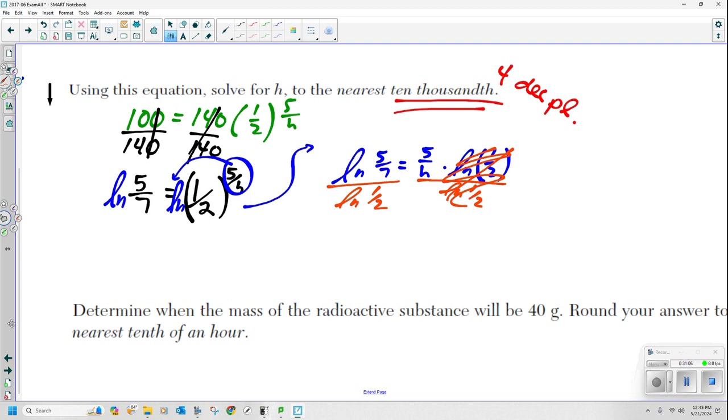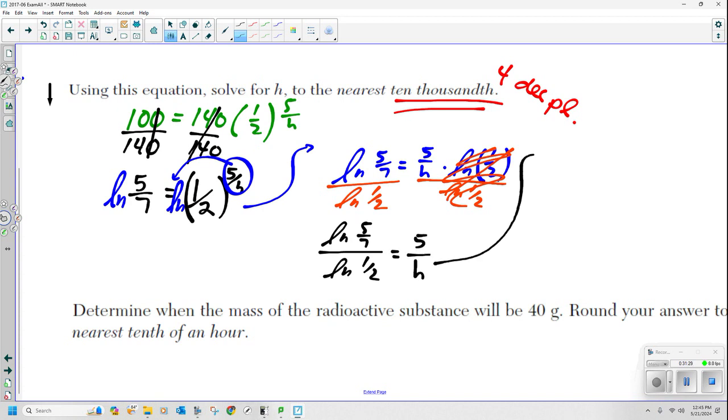I want to solve for H. Oh man, I'm going to have to do 2 more steps here. I'm going to have to flip them both. Yeah, I can cross multiply or flip. There is a little thing I like to do. If I got the ln of 5 over 7 over the ln of 1/2, you can cross multiply and divide, that's fine.